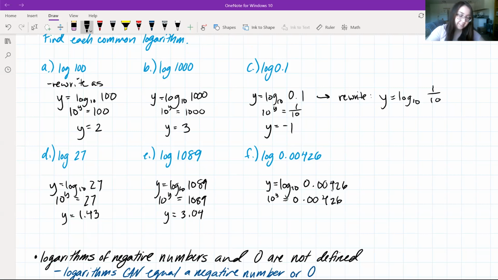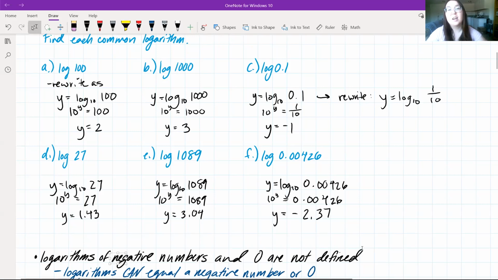But we do know that y would be in between -2 and -3. This number lies in between those two values. But either way, we'll use a calculator in order to calculate this. And we know we should get y is equal to -2.37.